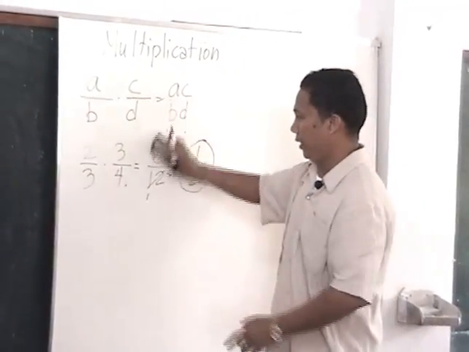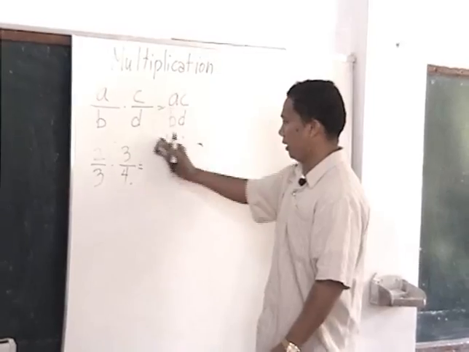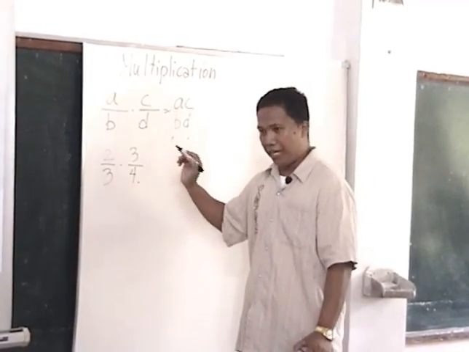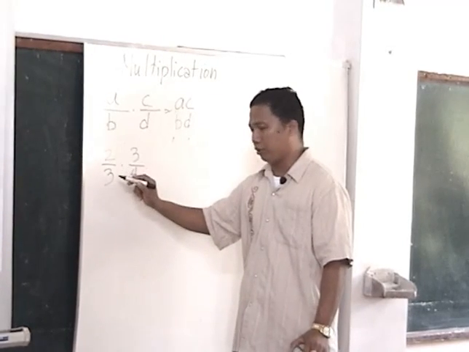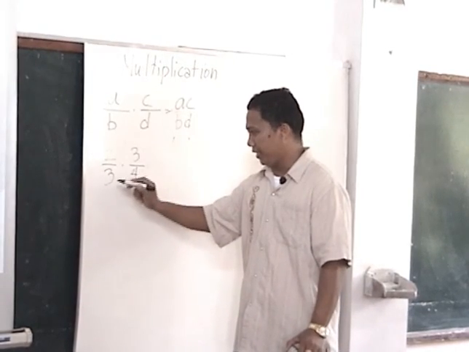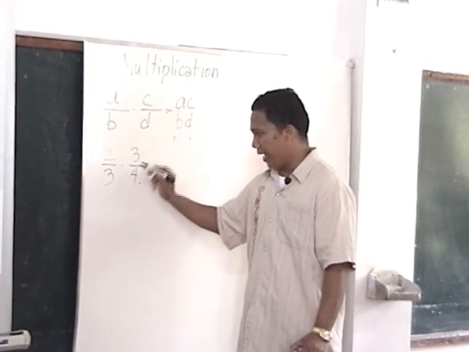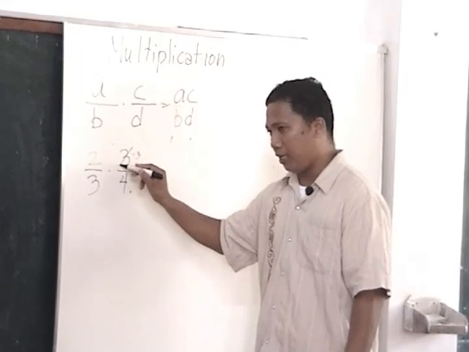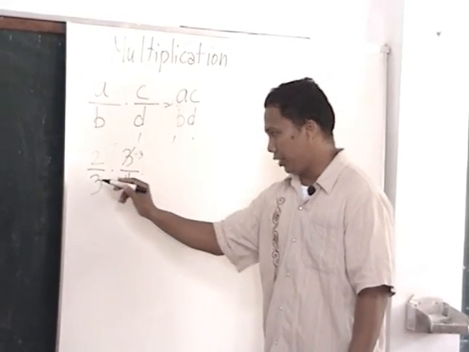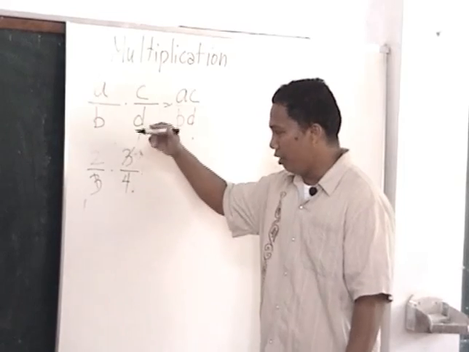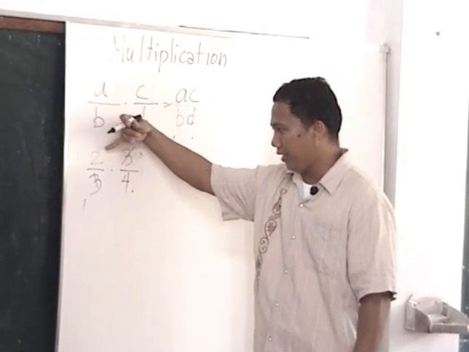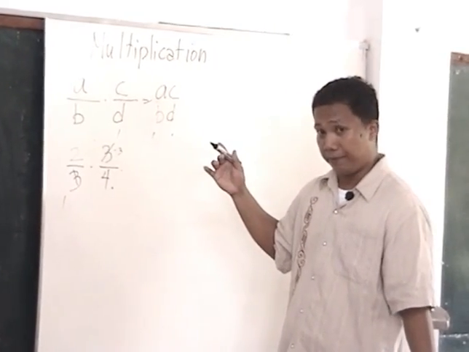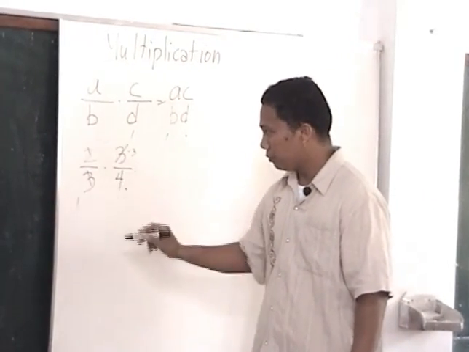So I will erase this and apply first the cancellation process. We have the same factor that can be extracted out of the numerator and the denominator. So 3 and 3. We divide both by 3, so it will be cancelled out. What remains is 1. The 3 here is also 1. And notice that on the numerator and the denominator, there is also a factor that can be extracted out, and that is 2 and 2.